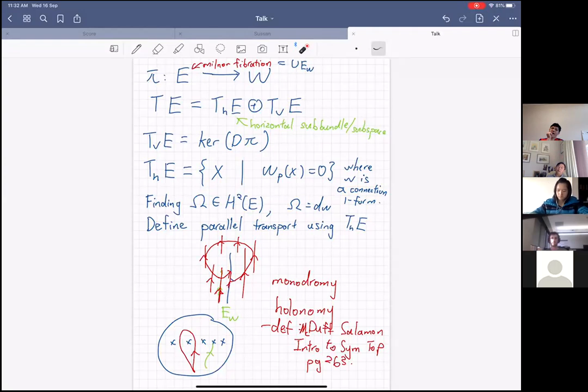Suppose your fiber is just one-dimensional, and you declare your horizontal lifting is not horizontal. Actually, it is at an angle, say some small angle like pi over 6, at each point, because you project to the same vector.